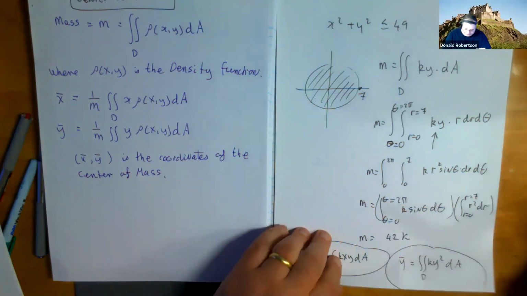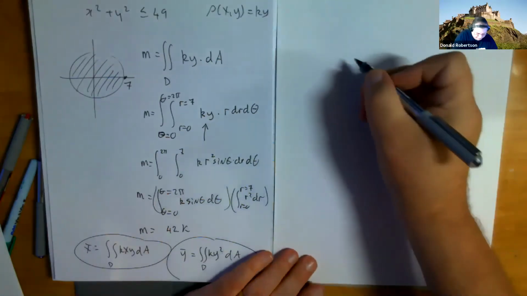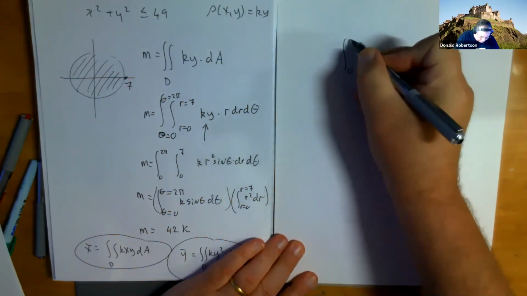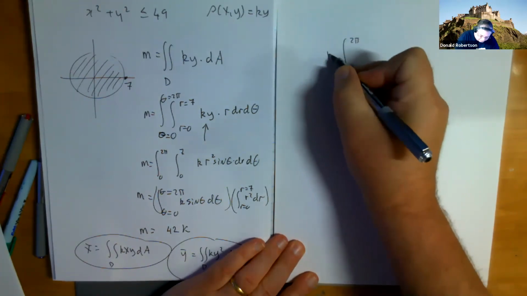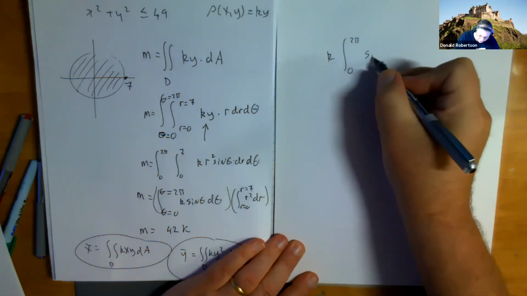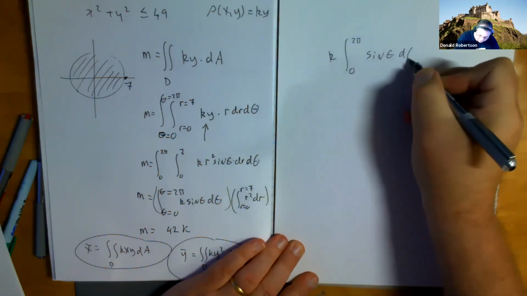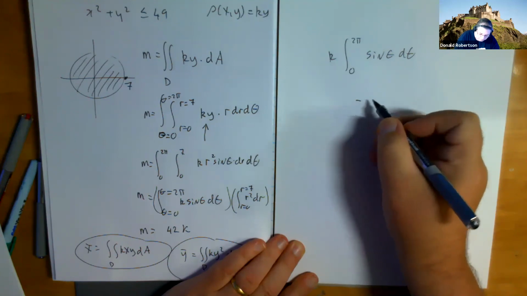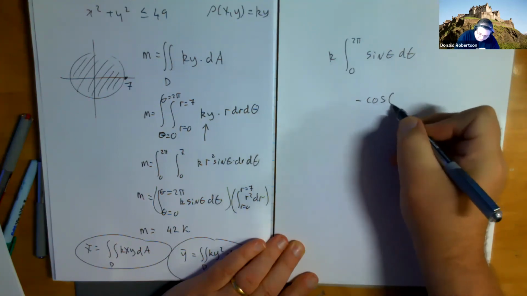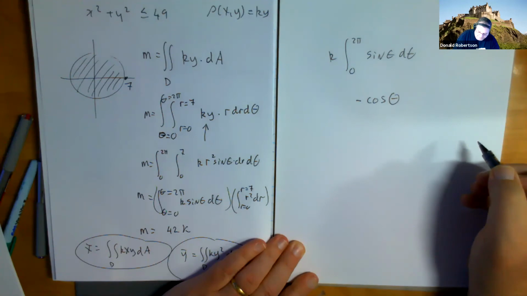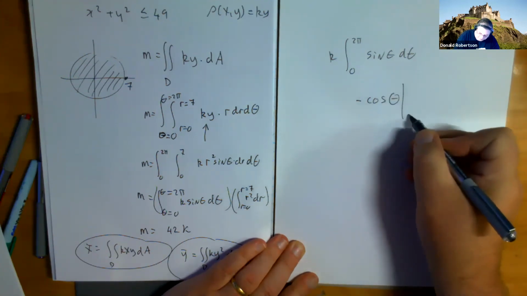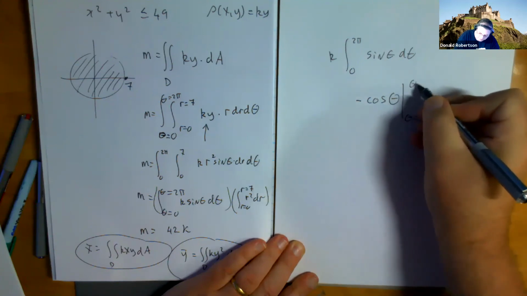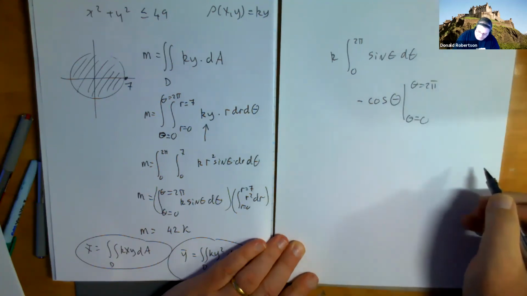Okay, let's just do that little guy. I'm just focusing on 0 to 2 pi. Let's pull the k out so it's out of the way, and we'll do a sine theta d theta. If I integrate this, I get negative cosine of theta, evaluated at 0 and at 2 pi.